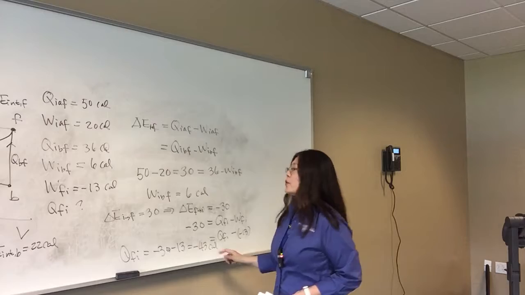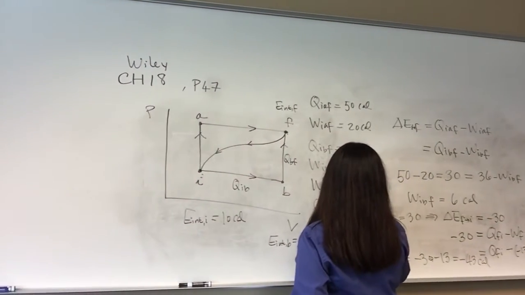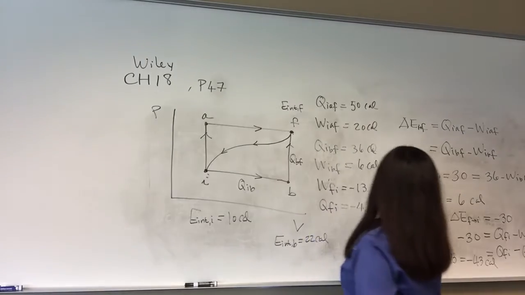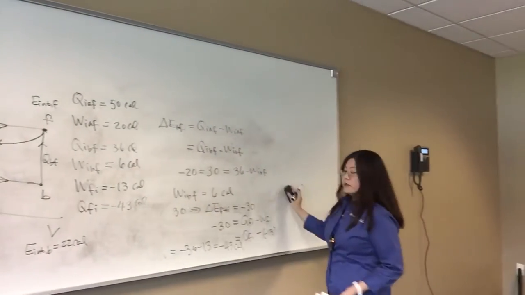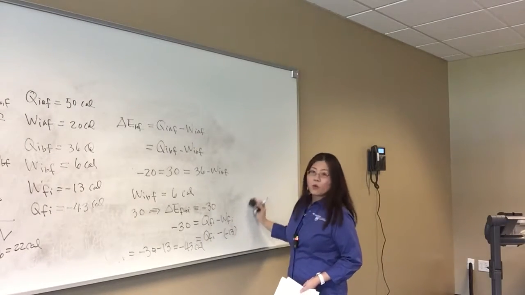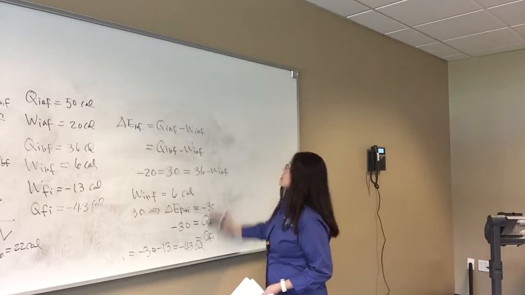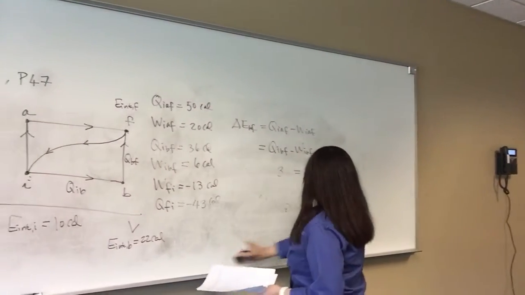QFI is negative 43 calories. So this is basically how you account for the amount of heat and the amount of work that's done by the gas. All right, and then the next thing you're asked to find.